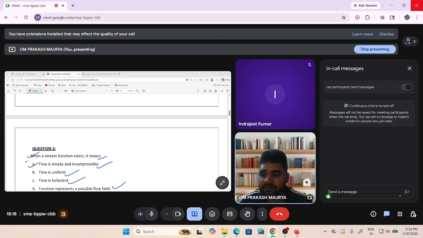The question is: when a stream function exists, what does it mean? Your flow is steady and incompressible, your flow is uniform, the flow is turbulent, or the function represents a possible flow field. So this is the question. Now you can write your answer in the chat box based on your understanding. Please think on that.